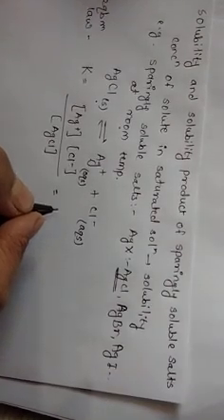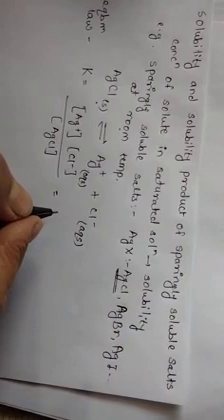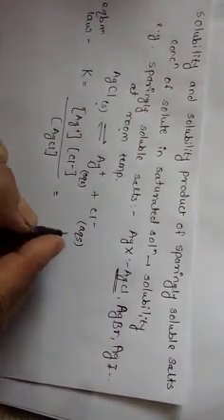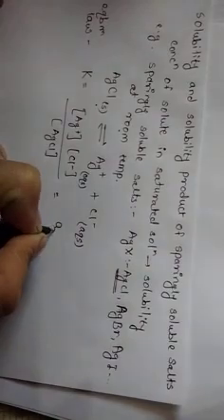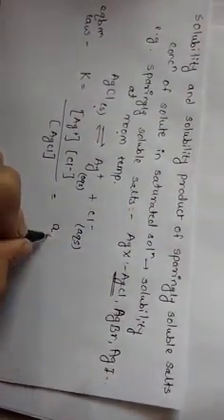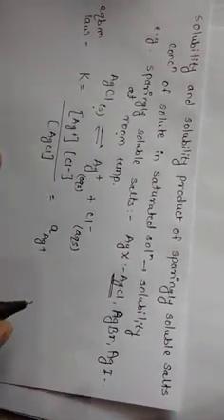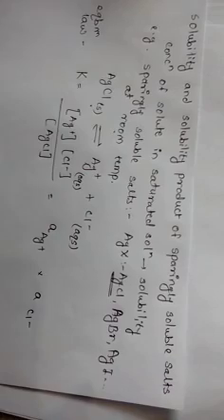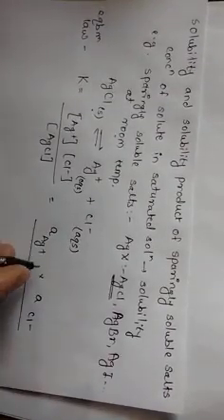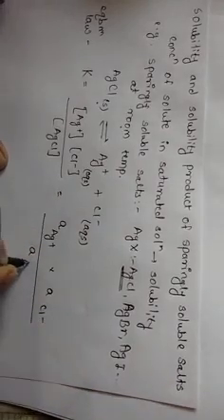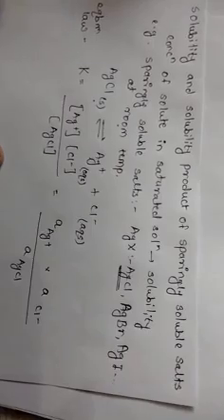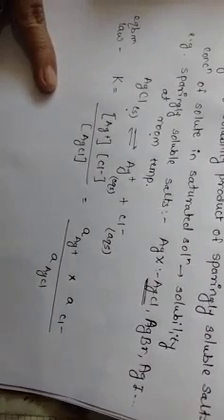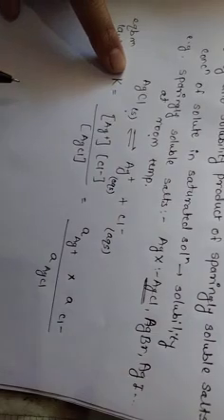The activity of the silver ion, the activity of the chloride ion, and the activity of the undissociated solid silver chloride. Activity is written as small a, so we write a of Ag plus multiplied by a of Cl minus, divided by a of undissociated AgCl. In this way we can also write the equilibrium law, or the equilibrium constant.